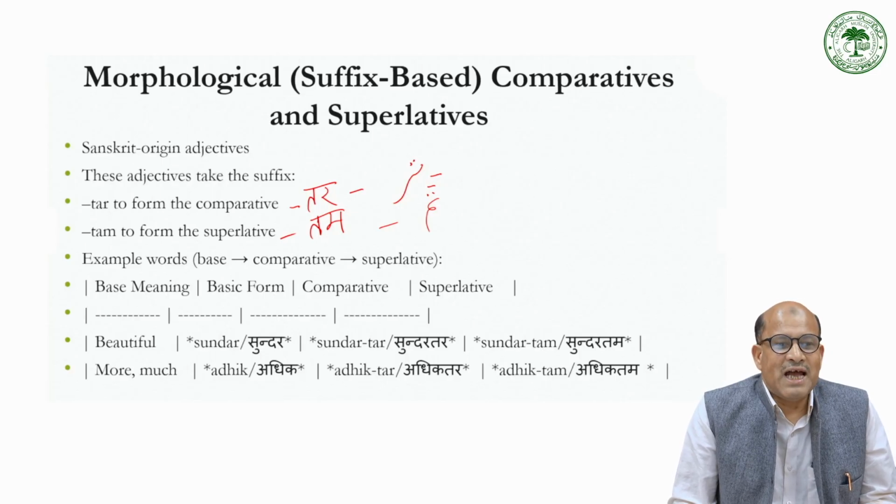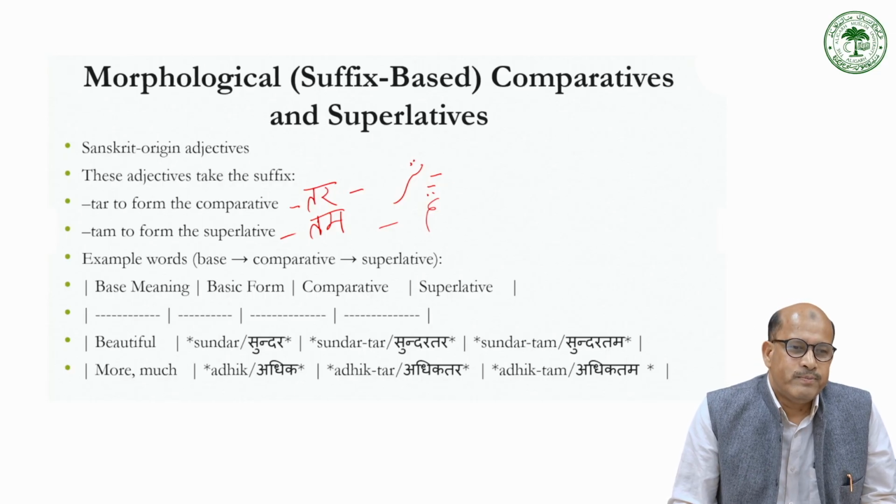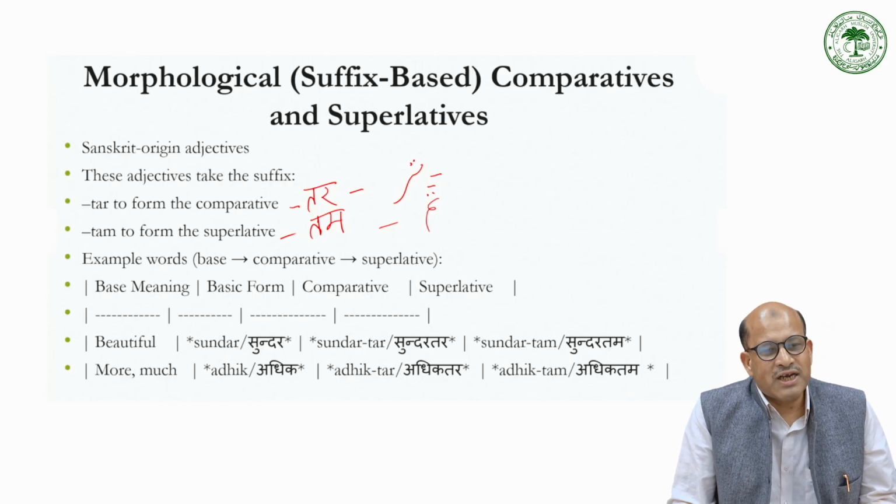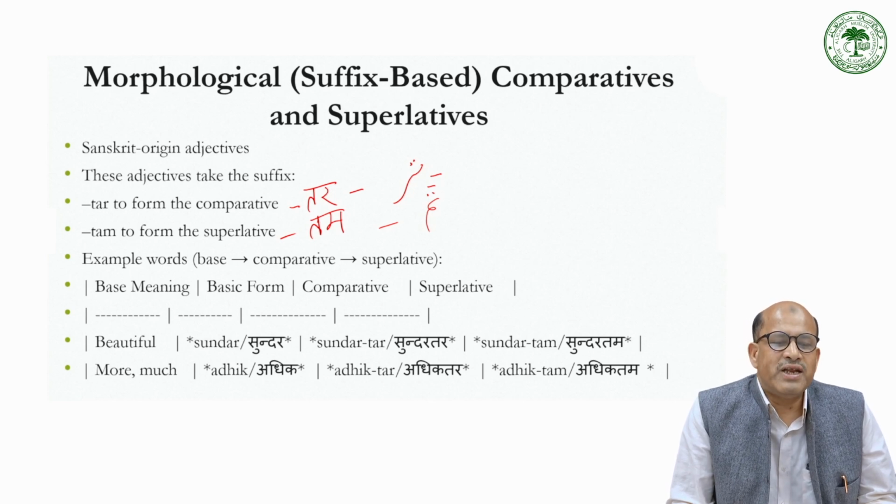If you look at these examples, sundar, sundartar, sundartam. For comparative is sundartar, for superlative is sundartam, though it is not used very commonly, but it is the pattern that we use in Hindi. For example, adhik, adhiktar, and adhiktam, very commonly used one: the basic form adhik, then comparative form is adhiktar, and then superlative is adhiktam.